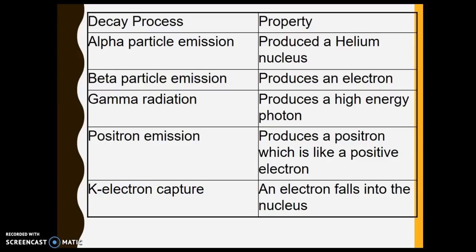Beta particle emission, or beta radiation, produces an electron. Gamma radiation produces a high energy photon. And if you remember photons, those are light. That's a pocket of light energy. Positron emission, this produces a positron, which is kind of like a positive electron. And then the last type is electron capture, where the nucleus actually captures one of those electrons that are orbiting.